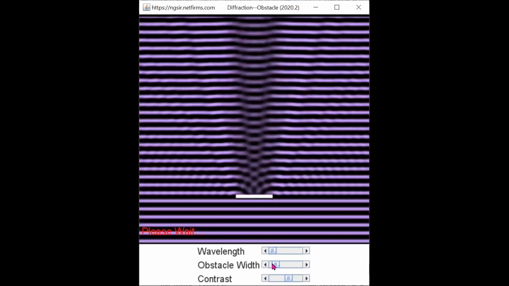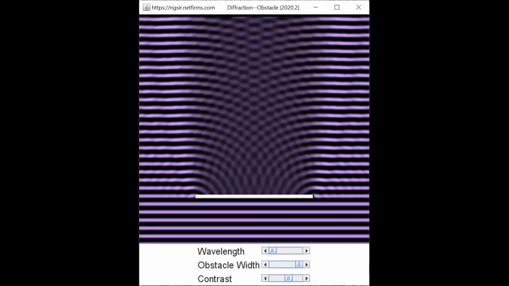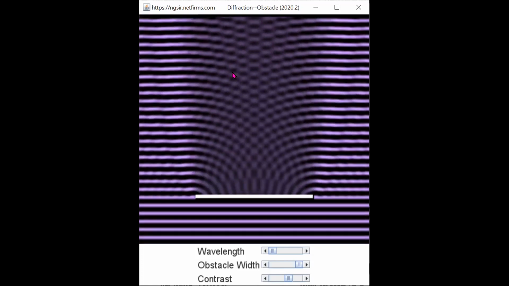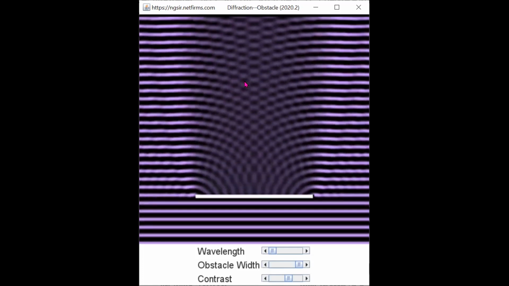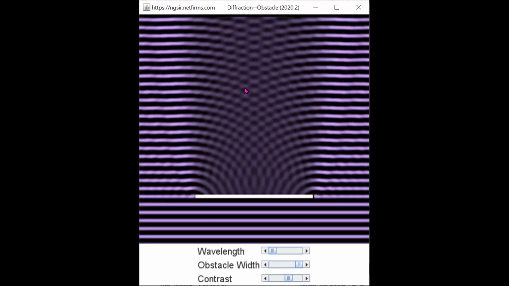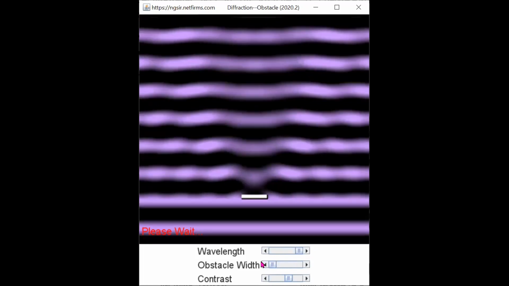I need to make the wavelength as small as possible, and I need to make the obstacle as big as possible. And what you're seeing here is that there is a very, very strong geometric shadow right here. Now, the other thing that we want to look at is to make the wavelength as big as possible and the obstacle as small as possible.